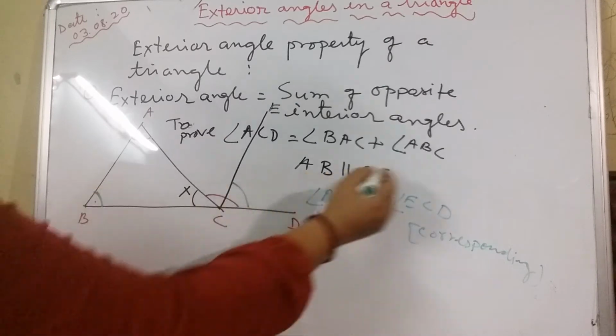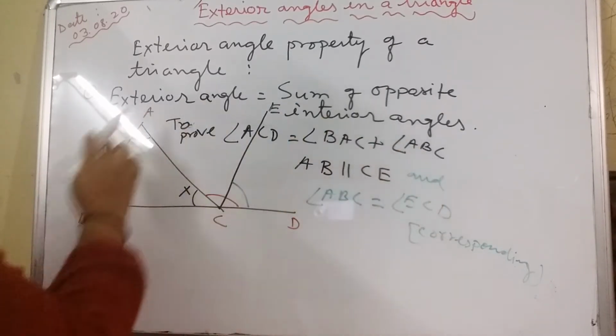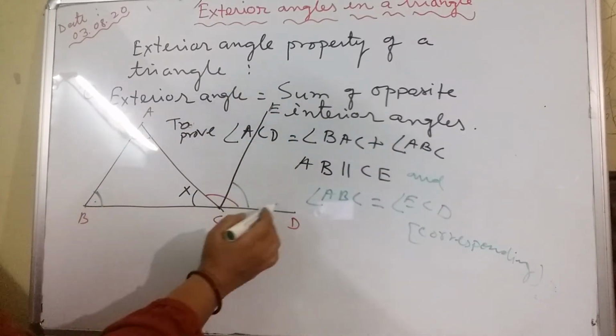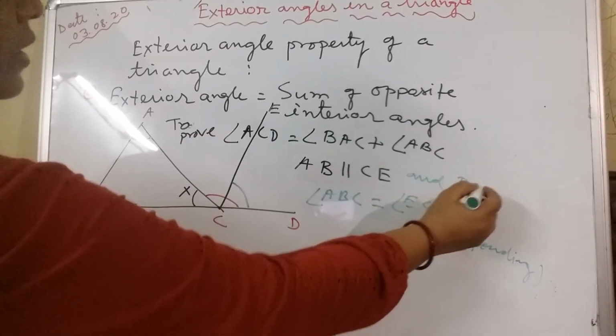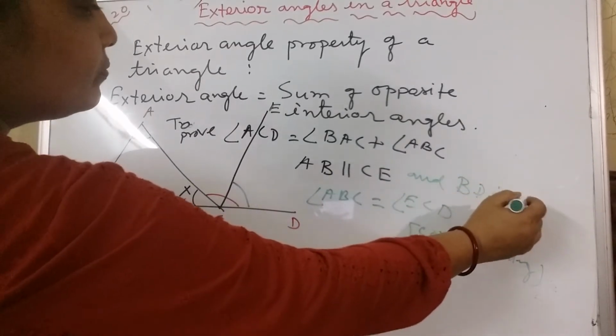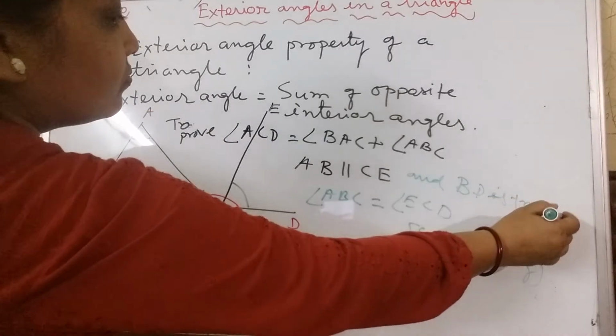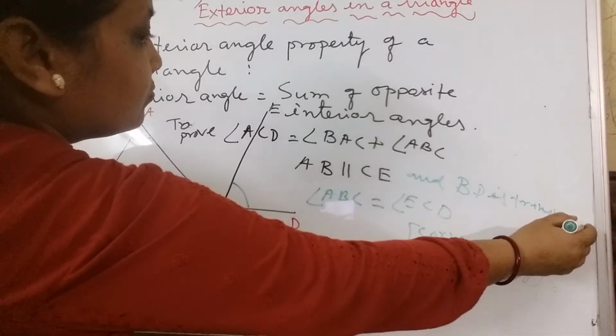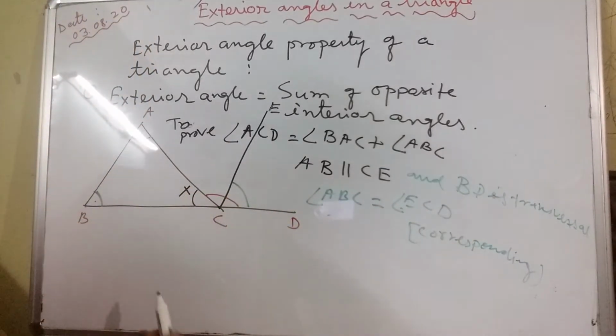As AB is parallel to CE and this BD is a transversal, this angle will equal this angle because these are corresponding angles.